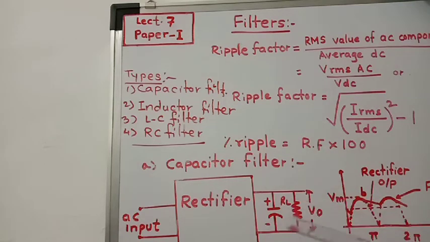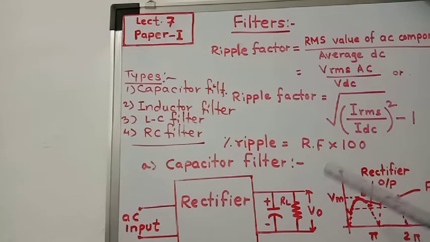It produces variations in the output DC because this pulsating DC contains some AC components. There are various AC components in pulsating DC, and these AC components produce variations in DC output voltage.